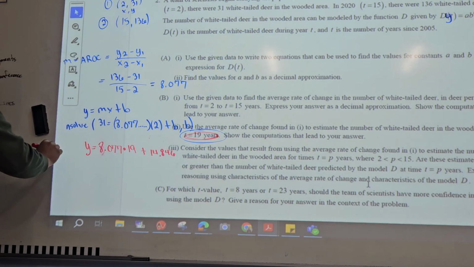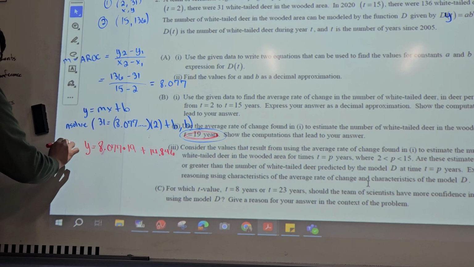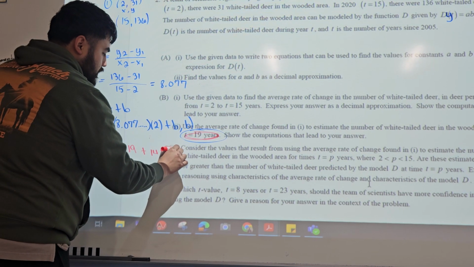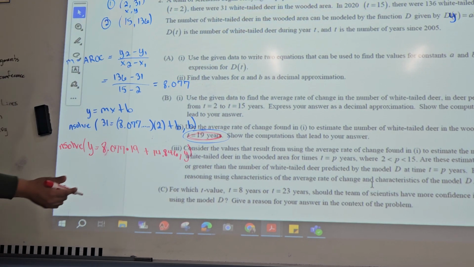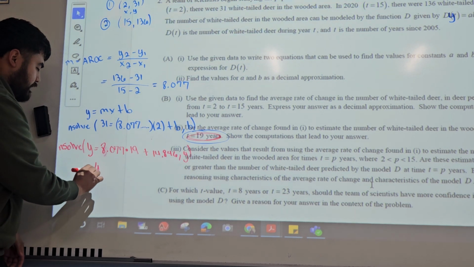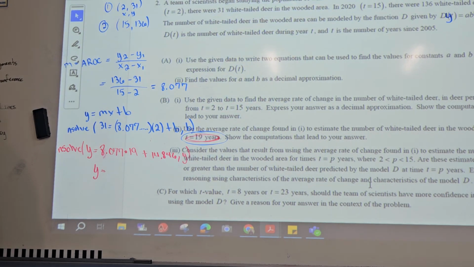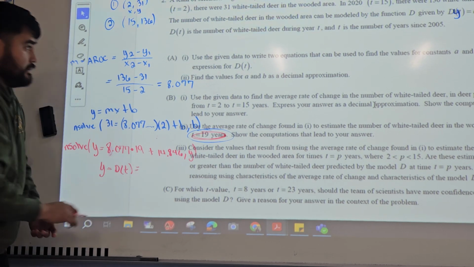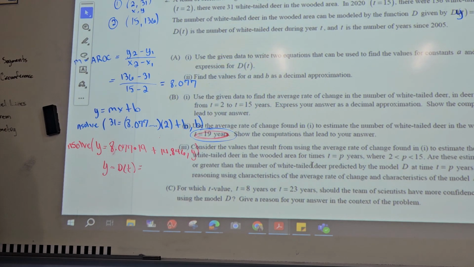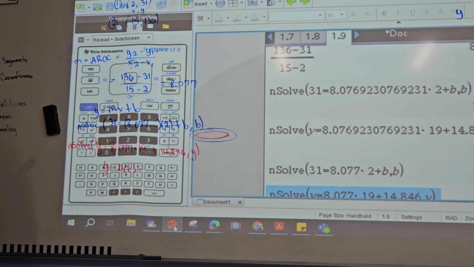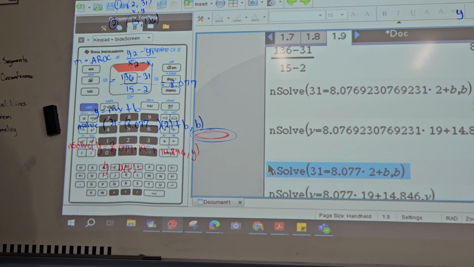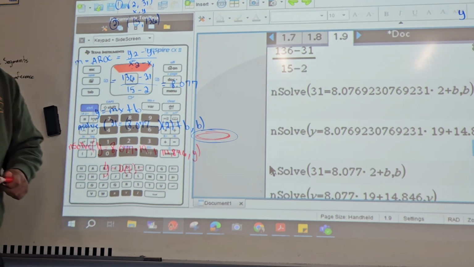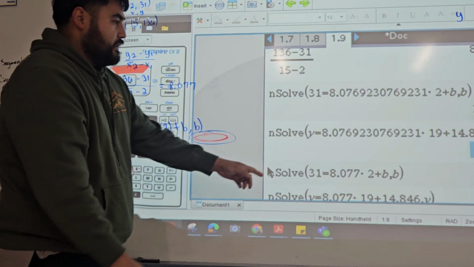So can I use NSOLVE again since we're allowed to use the calculator? The answer is, well, yeah, but instead of comma b, you're gonna put comma y. And if you do that, my output is gonna be 168. d of t, right? Which is the same thing, right? D of t, and if I go back, just confirm, right? 168.308.